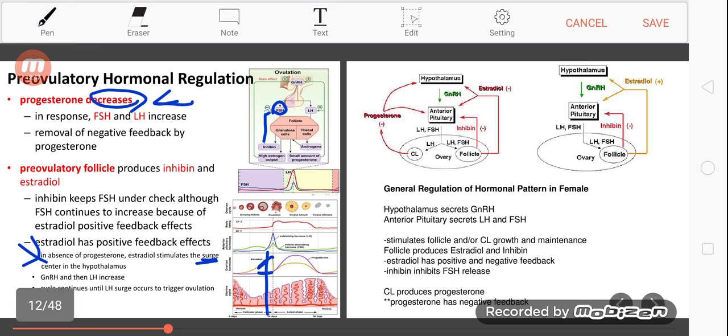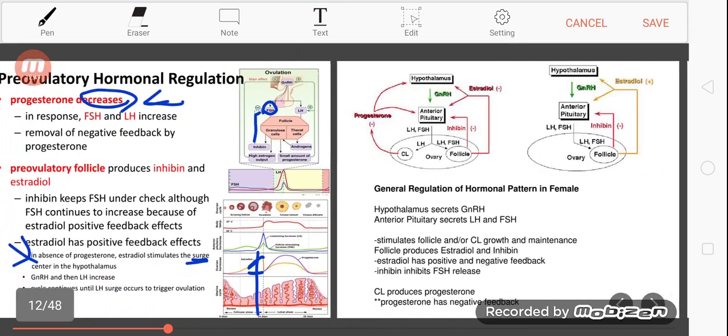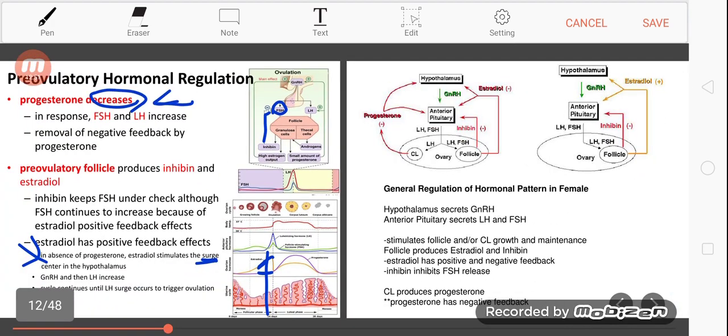This on your right hand side here is comparing hormonal regulation at early or mid follicular phase, compared with end follicular phase hormonal regulation.